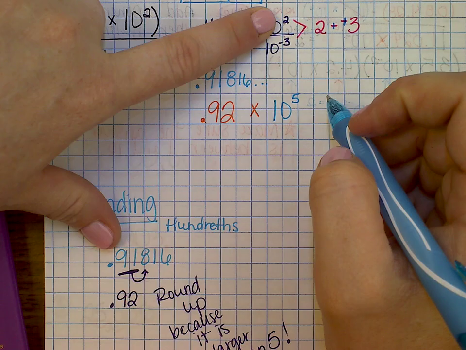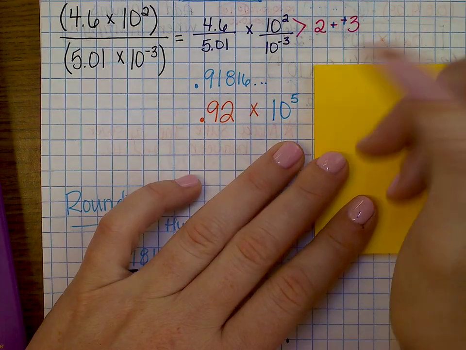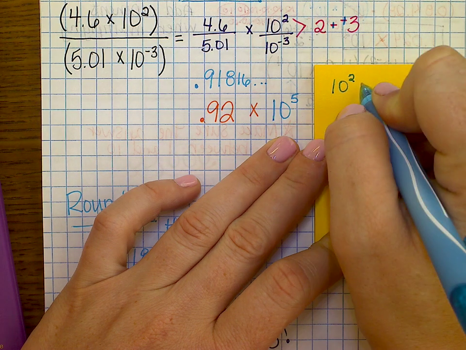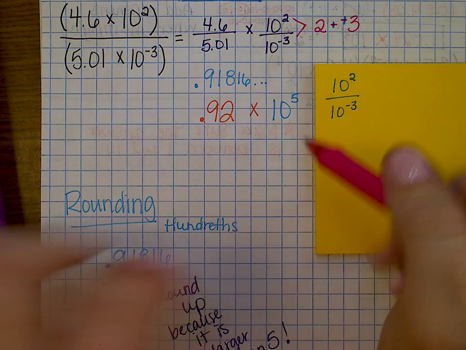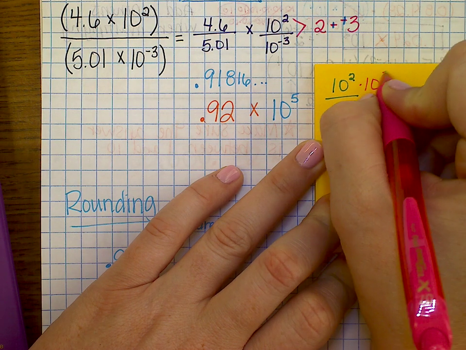And let me talk to you about those 10 squared and negative 3's. If I have 10 squared over 10 to the negative third, remember, if we have a negative exponent, we actually move it. So this one would actually be moved to the top.